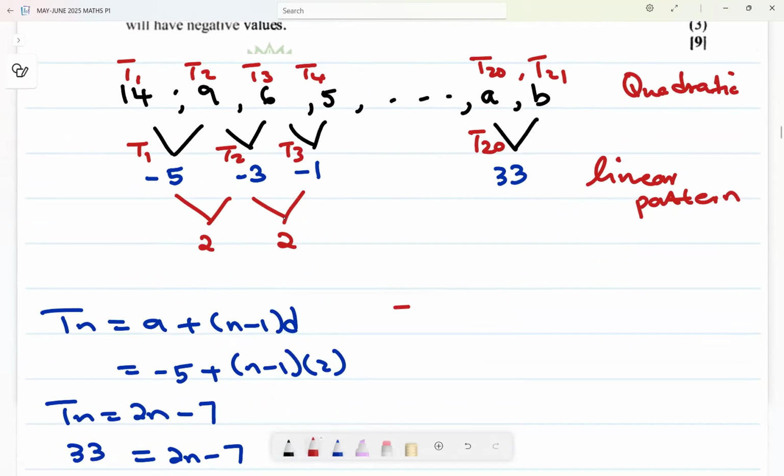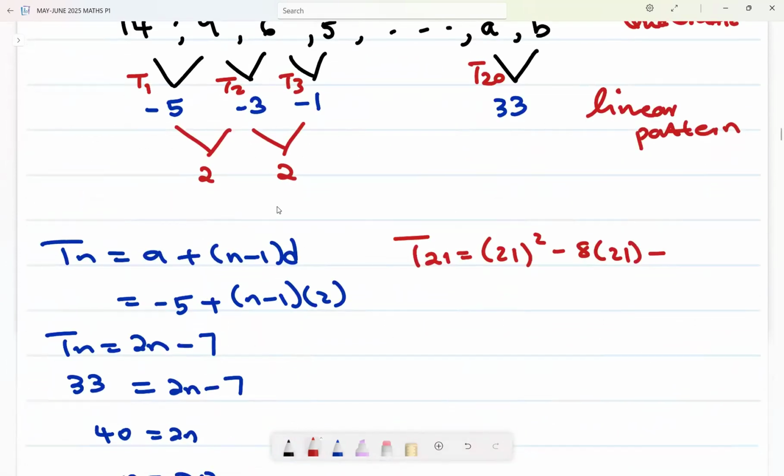T21 on the quadratic is going to be 21 squared minus 8 into 21 plus 21. So the largest term there is 294.